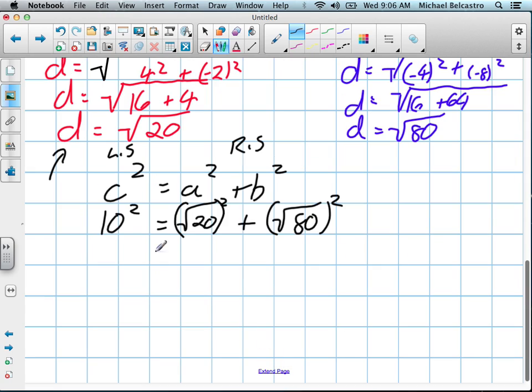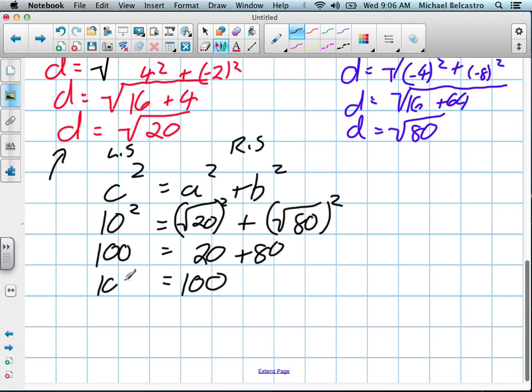What is 10 squared? 100. What is root 20 squared? It's just 20. The square root and the power of 2 cancel each other out. And the same case happens for that root 80. And what is 80 plus 20?